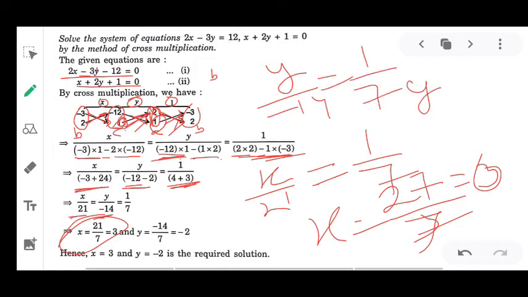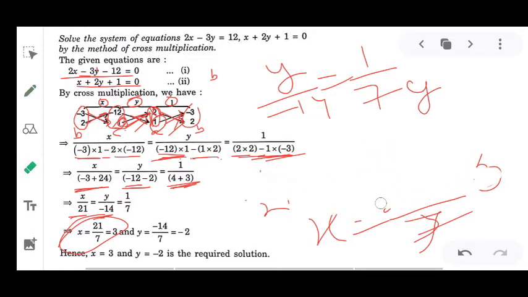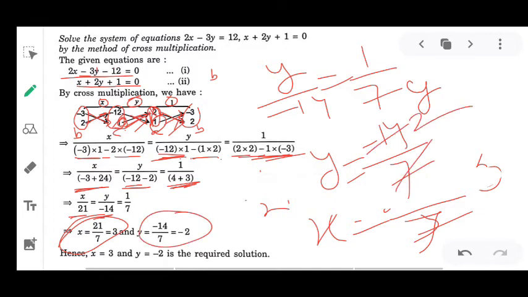So y equal to minus 14 by 7, so this will be minus 2. So x equal to 3 and y equal to minus 2.